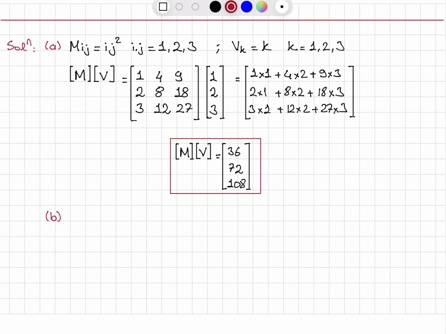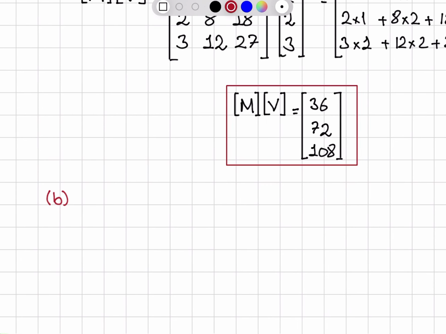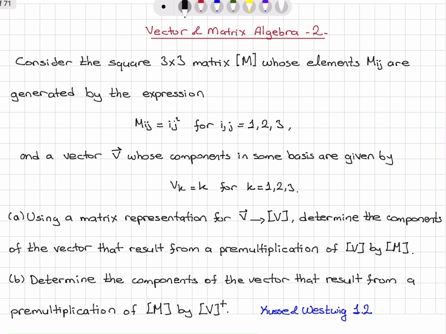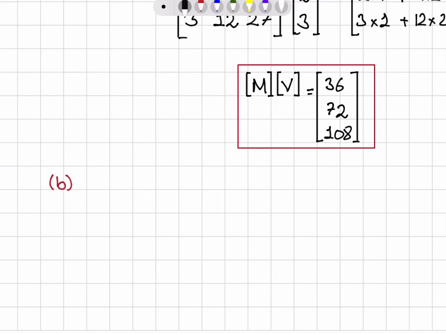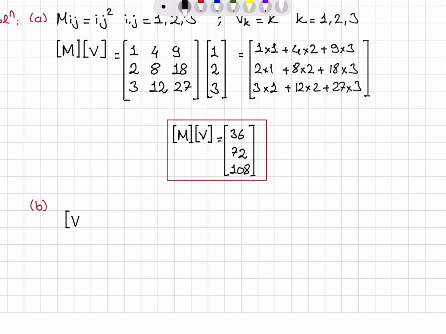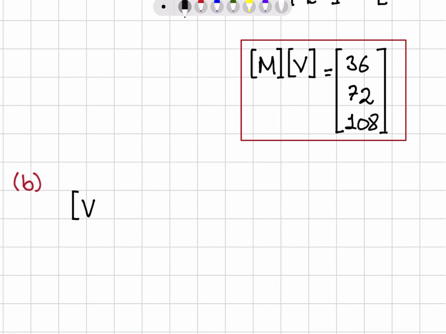Now part B asks us to determine the components of the vector that result from pre-multiplication of M by v transpose. So if we take v transpose, v was 3 rows, 1 column. Now it's going to be 1 row, 3 columns.